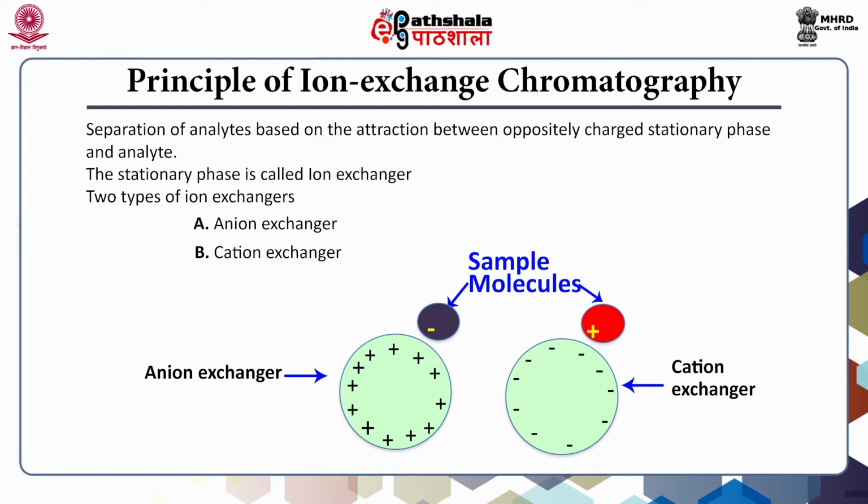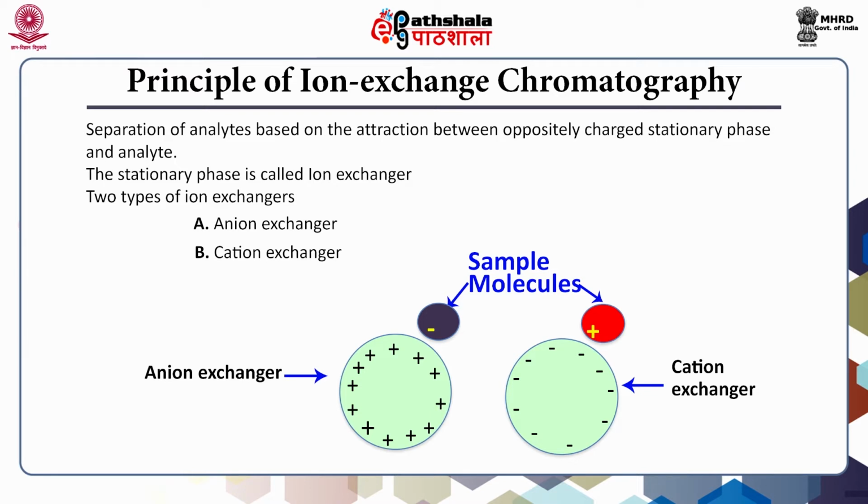The similar principle works for the cation exchanger. In this case, the surface of the cation exchanger has functional groups that have negative charge. So, these surface negative charges can attract the positively charged molecules on the surface.